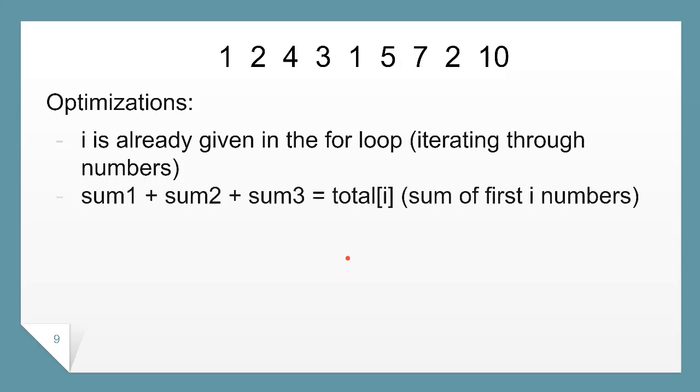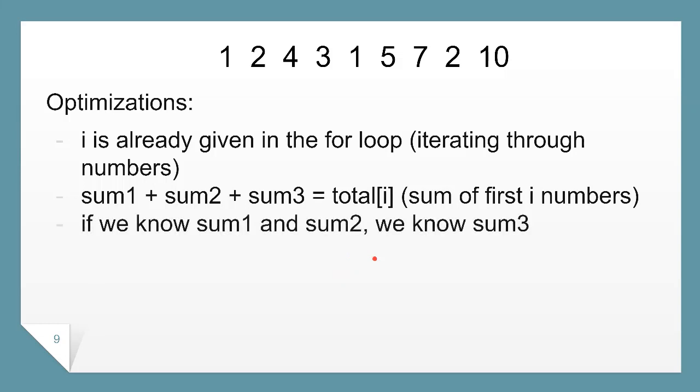And then here's another thing that you can make. Sum 1 plus sum 2 plus sum 3 equals the total sum of the first I numbers. Well, that seems pretty obvious, but because of that, if you know sum 1 and sum 2, and you know I from your for loop, then you can find what sum 3 is without having to keep track of it explicitly, because algebra.